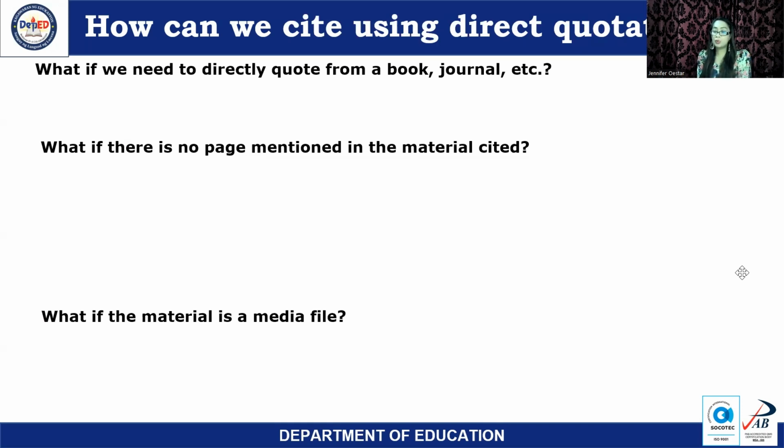We have to paraphrase, we have to summarize, and another is we use quotation. But here are some of the questions on how we use quotation, specifically direct quotation. What if we need to directly quote from a book, journal, or others? What shall we do?